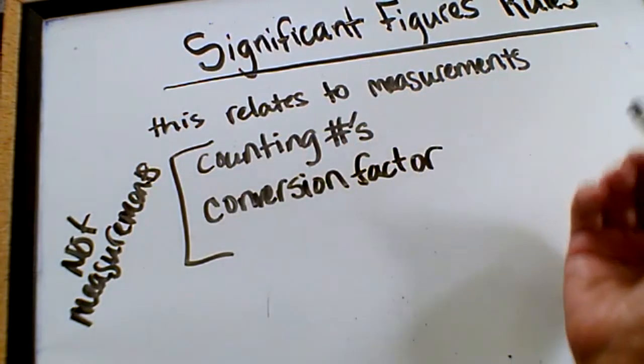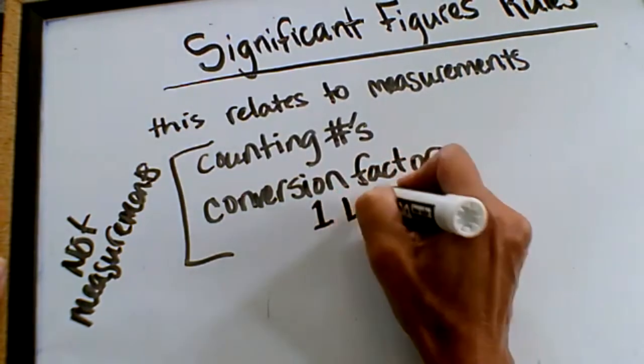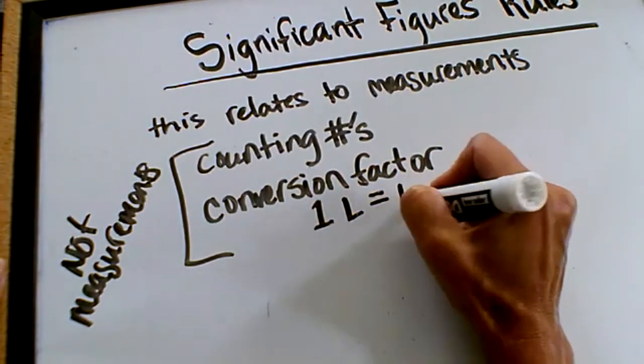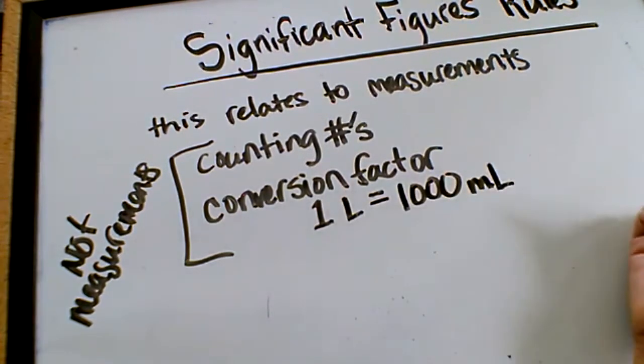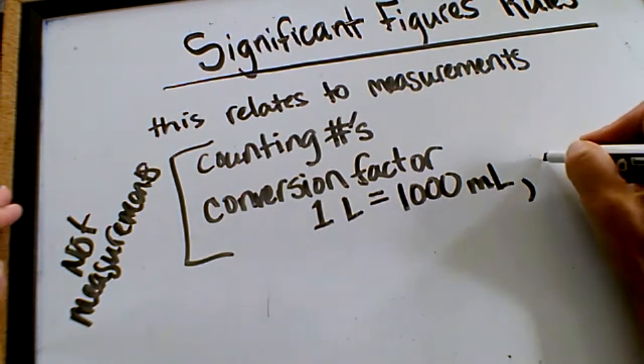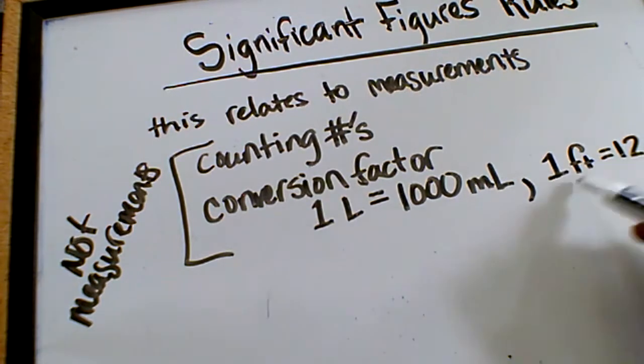Well, a conversion factor is similar to saying that 1 liter is equivalent to 1,000 milliliters. Okay, that is a conversion factor. Or 1 foot equals 12 inches. This is a conversion factor. It allows me to convert between units.